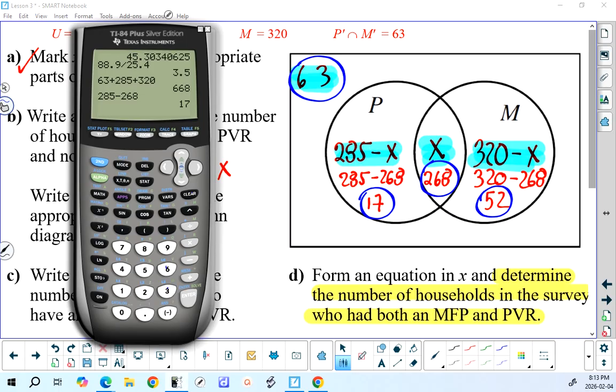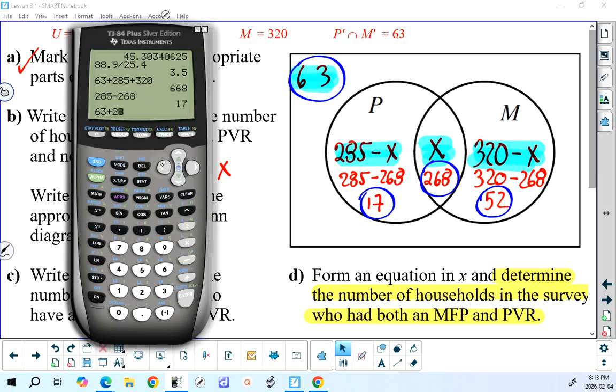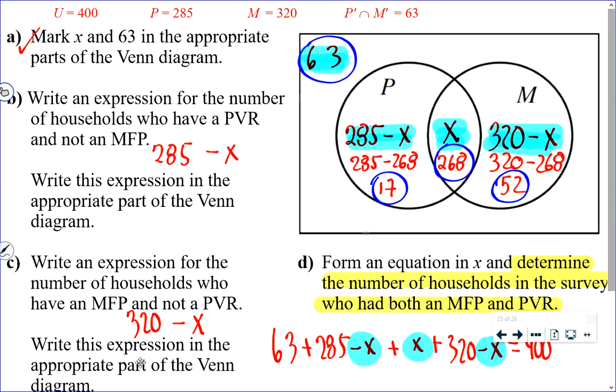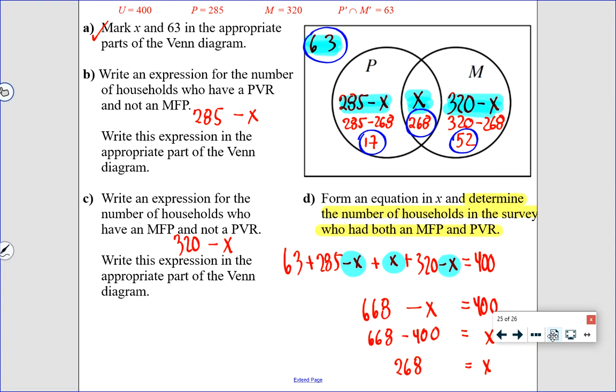So 63 that have neither, plus the 268 that have both, plus the 17 that have the PVR but not the printer, plus the 52 that have the printer but not the PVR, gives 400. And there's something oddly satisfying about that, that when you take a look at everything we've done here in this problem, it worked.